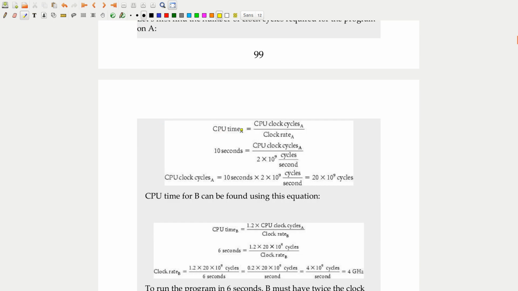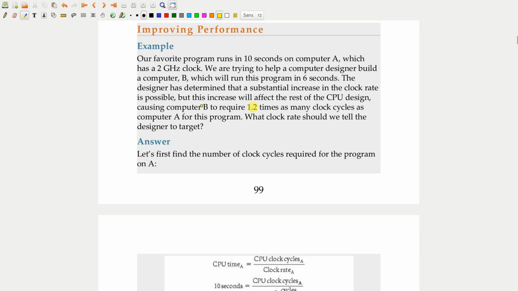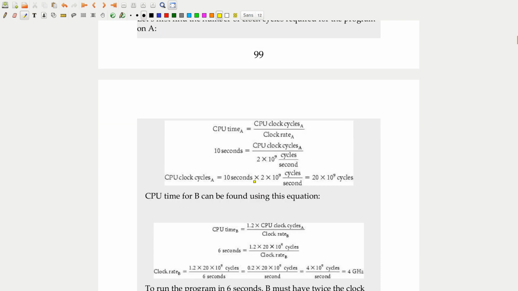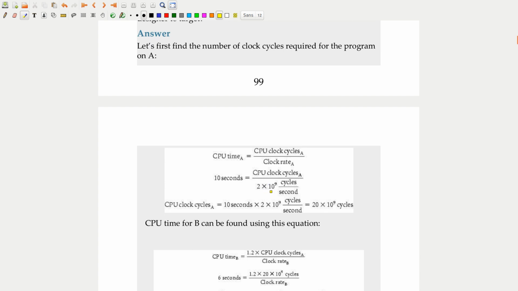So here they have CPU time, and they define that as your clock cycles over your clock rate. So that makes sense. They plug in their numbers. Then they do 2 times 10 to the 9th, which is 2 gigahertz, which is in cycles per second. Then they get the CPU clock cycles of A. So that's going to be 10 seconds, that's the original running time, times 2 times 10 to the 9th cycles per second, which is equal to 20 times 10 to the 9th cycles.